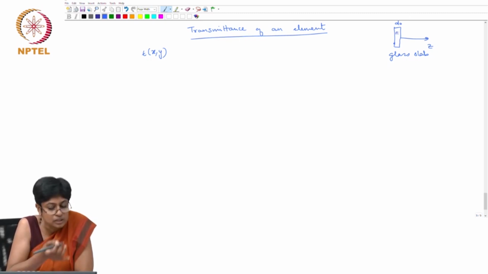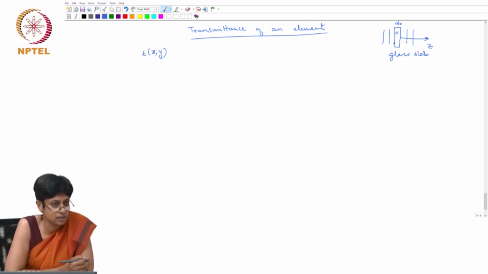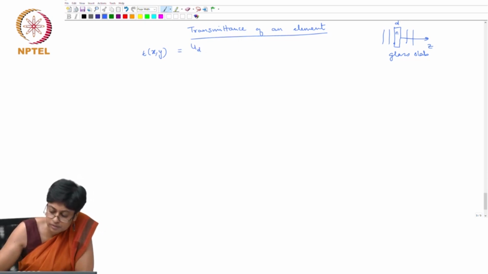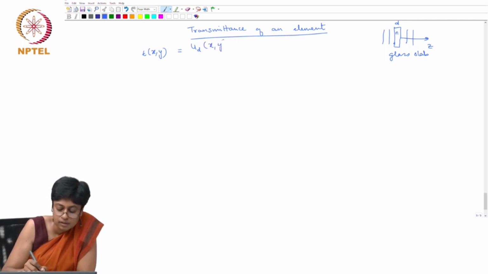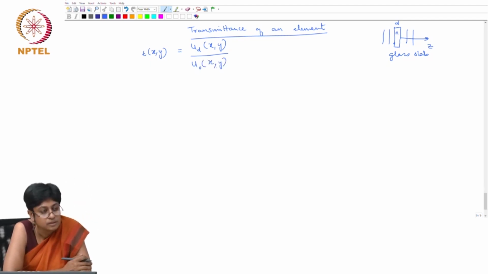When I say transmittance of this element, what I want to find out is if I have waves incident on this element, what happens to them after that. So the transmittance is nothing but the field after the element, and let me just call it t, the ratio of the field after the element to the field before the element.